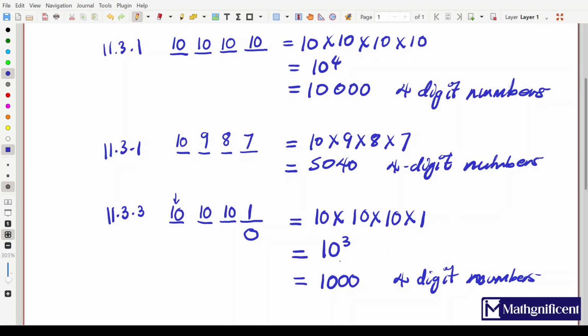So we can have 1000 four-digit numbers that are possible.